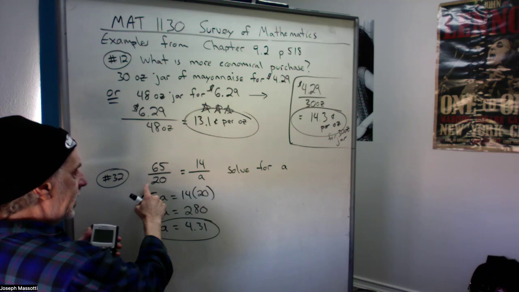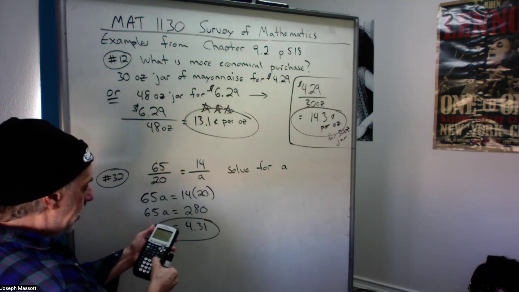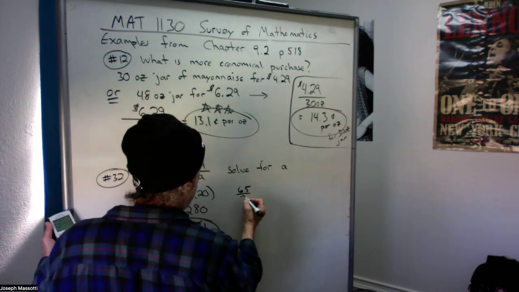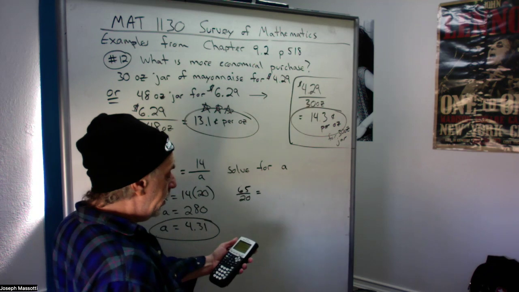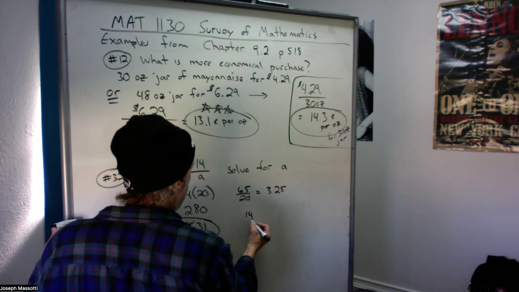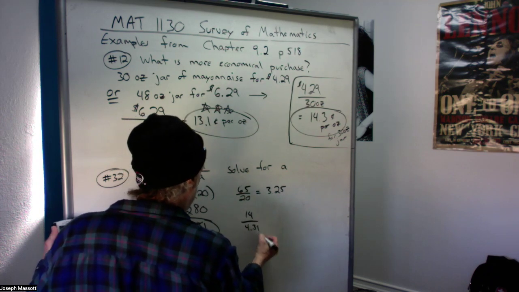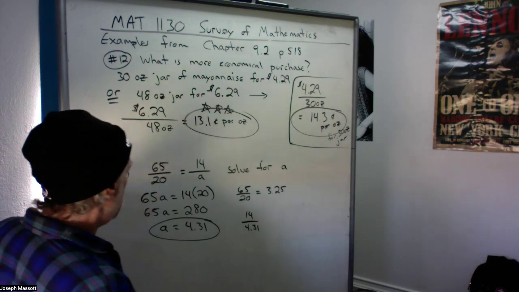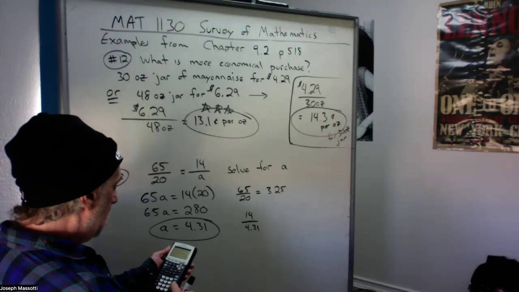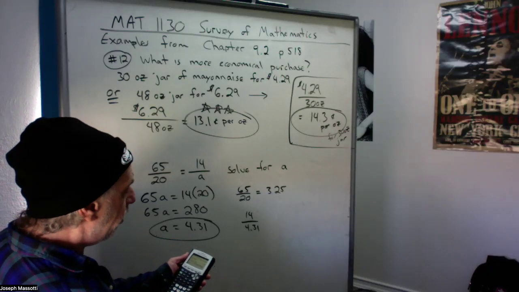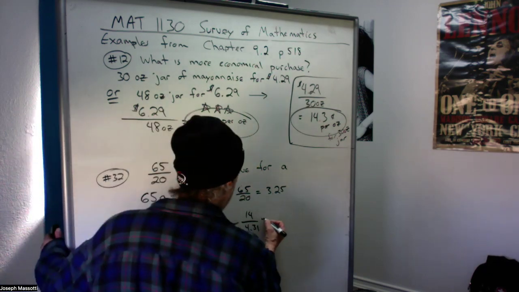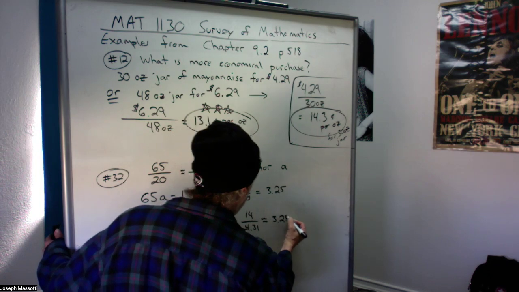Right? And now I can check that by going back to the original equation and making sure that that's true. Put 65 divided by 20 into your calculator, you get 3.25. If you put 14 over 4.31, you're going to get 3.248, and that's because we rounded a little bit here, but that is going to be very close to 3.25.